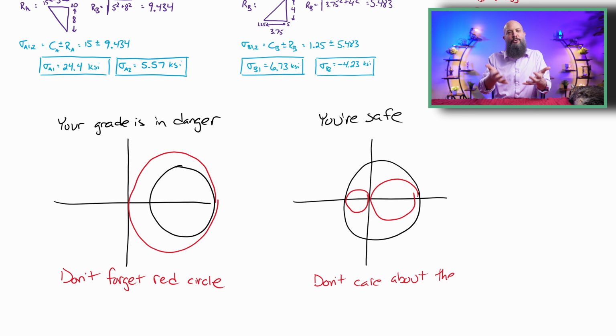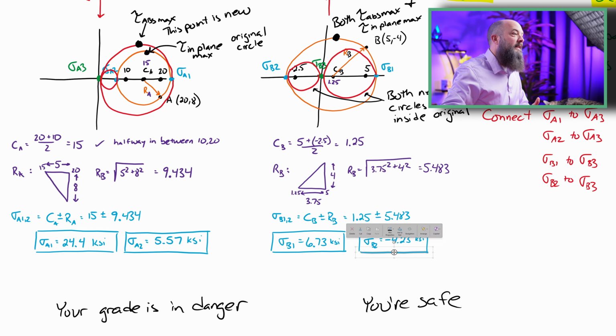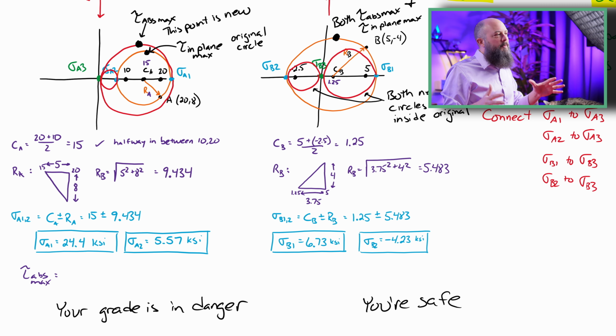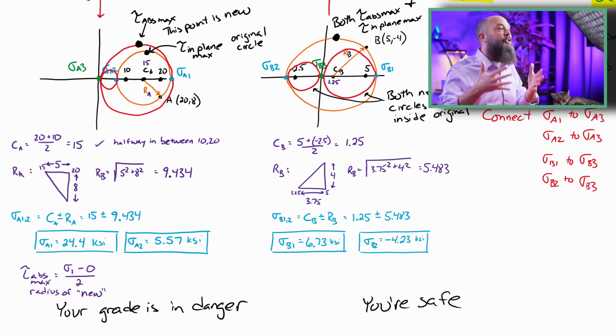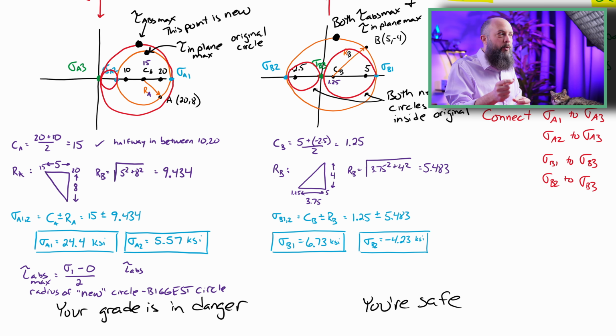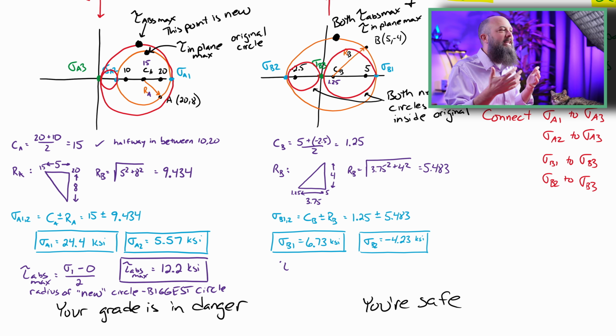If you don't do this extra last step, you'll miss the absolute max shear stress. So in this case, problem A, on the left, absolute maximum shear stress is the radius of this biggest circle. We just find the average of sigma 1 and 0, which is going to be 12.2 KSI. That is the radius of the big red circle.